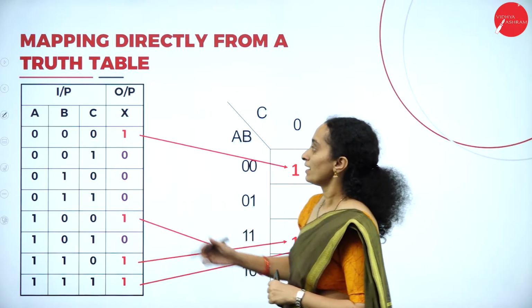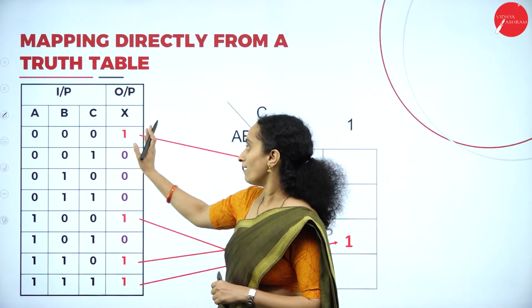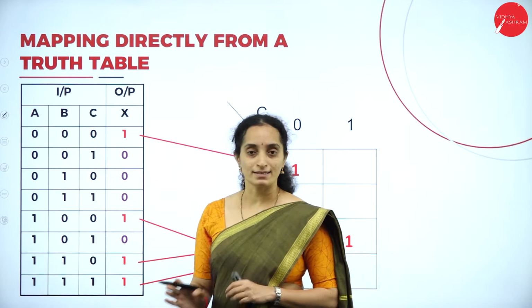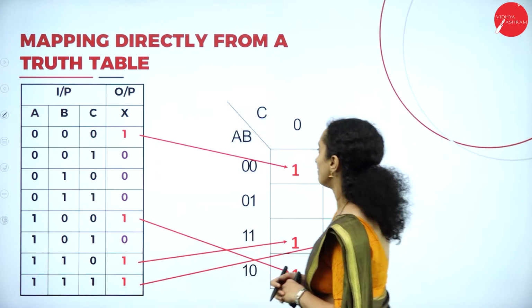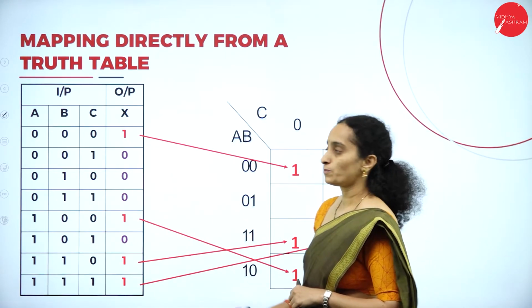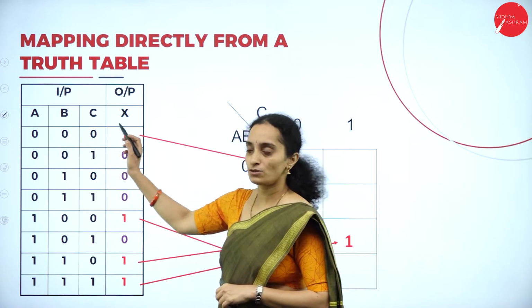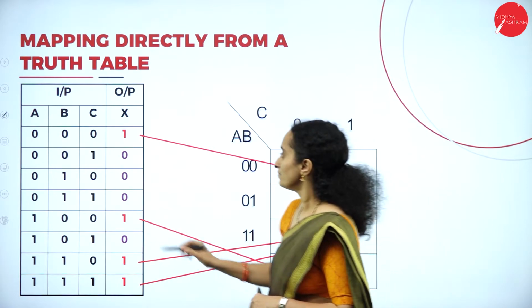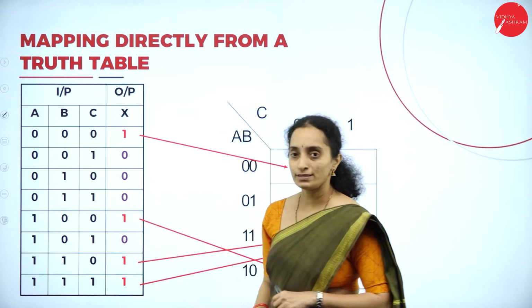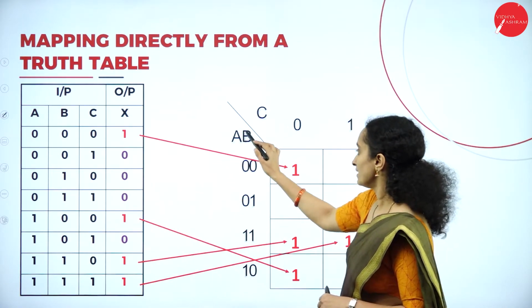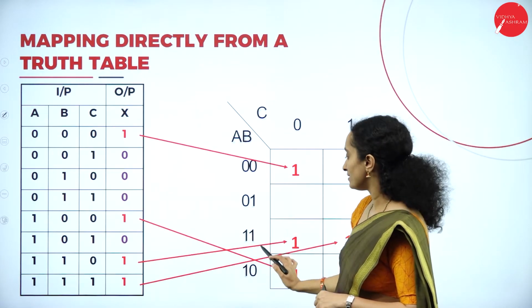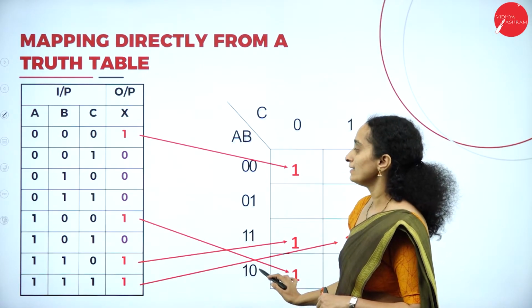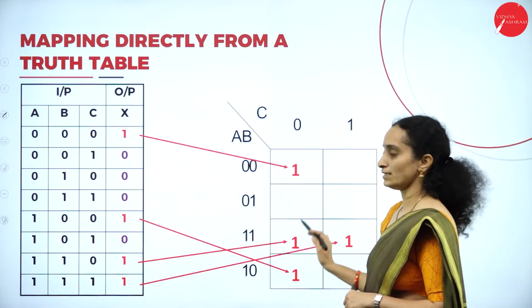In this expression, the values with 1 will be considered for simplification, where the first one will be 0, 0, 0. A, B, C, 0, 0 will be 1. Next will be 1, 0, 0. That is A is 1, B is 0 and C is also 0.